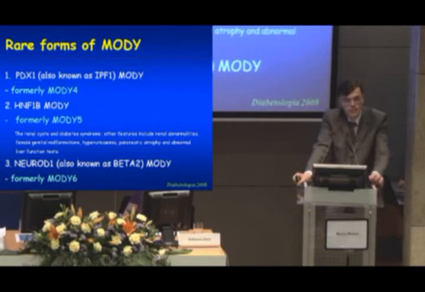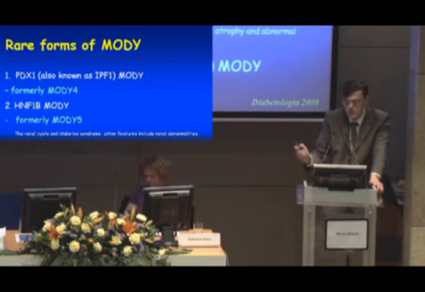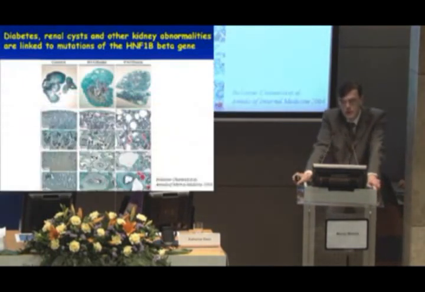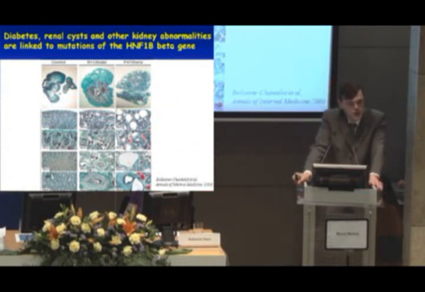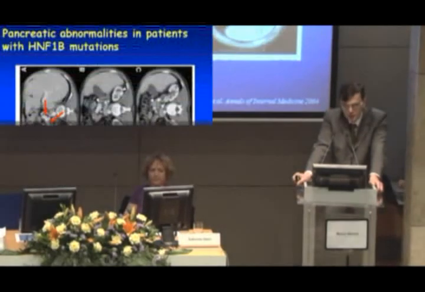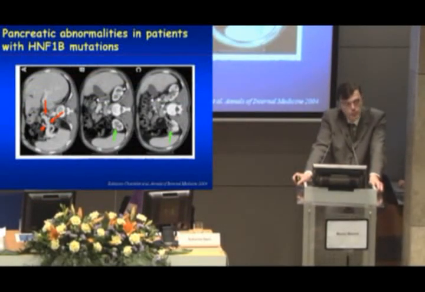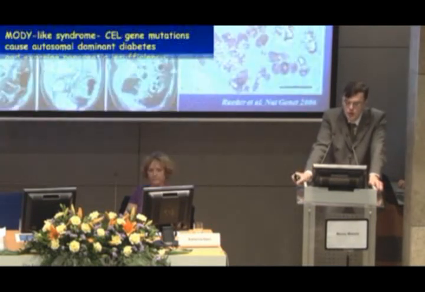There are also some more rare forms of MODY. I think that probably the most frequent of them is HNF1 beta MODY, with the typical renal phenotypes such as renal agenesis or renal cysts. Also, pancreatic hypoplasia was described in HNF1 beta mutation carriers.